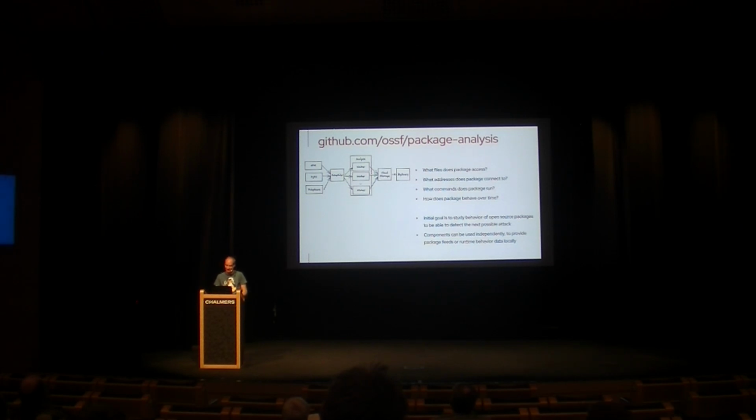The initial goal of this project was to study the behavior of open source packages, for the open source good in general, so that it's a community-hosted service to check all the publicly available packages. But again, it could be installed locally, because the idea is good, and if you use this approach of mirroring dependencies internally and curating them, it's a good approach.